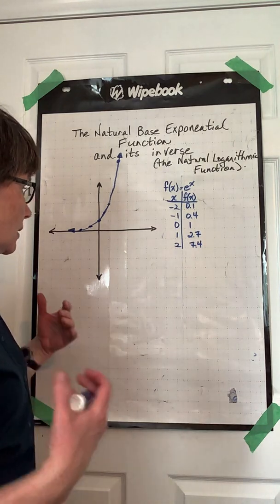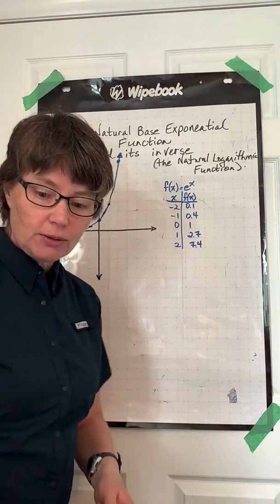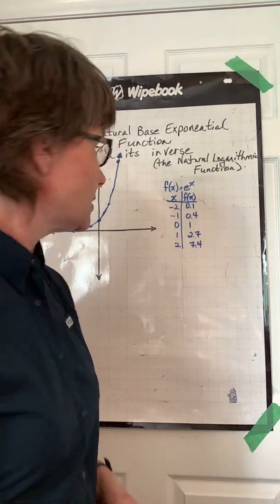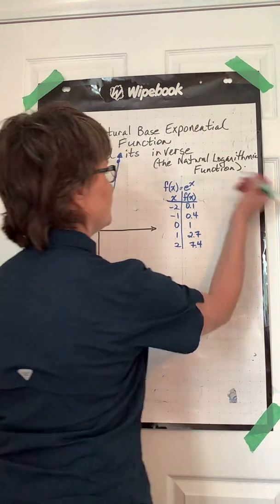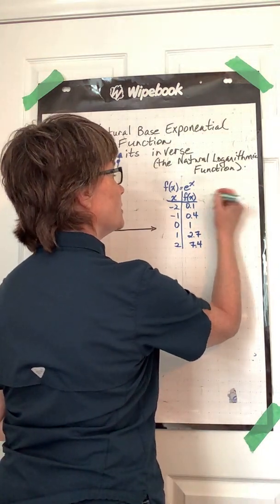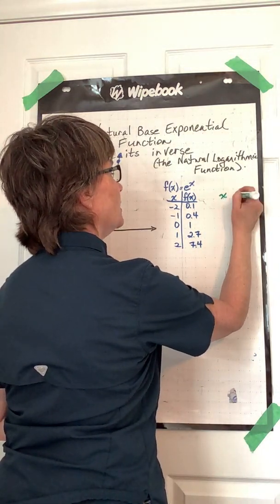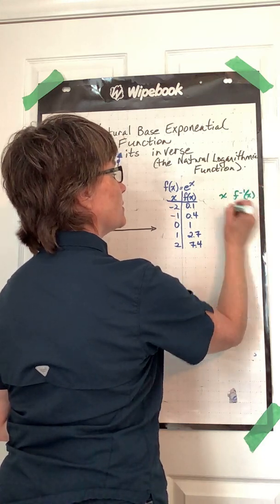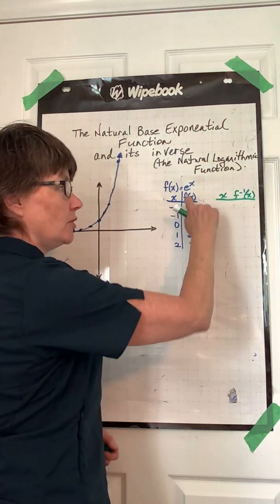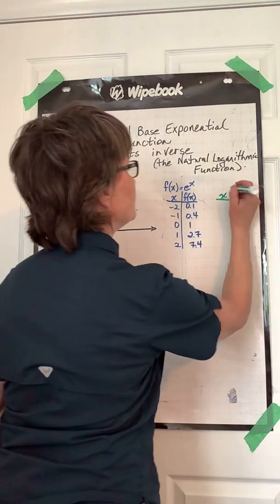Okay, so let's talk about graphically with the table of values what happens if we find the inverse of this function. So the inverse of this function means that we're going to be switching the x's and the y's, and I'm going to call the y the inverse here. Over here, I called the y the original function.